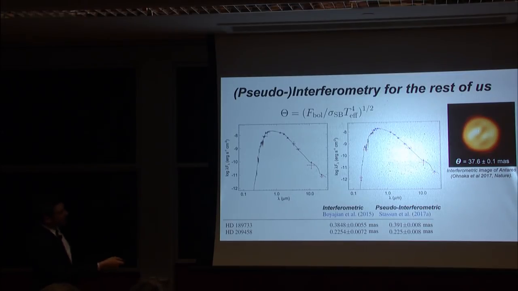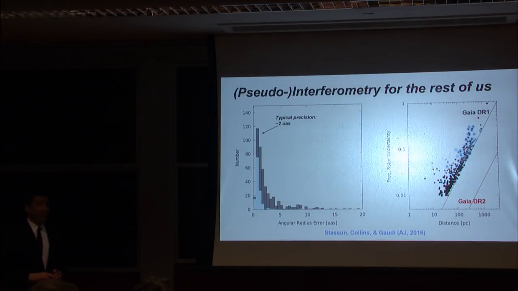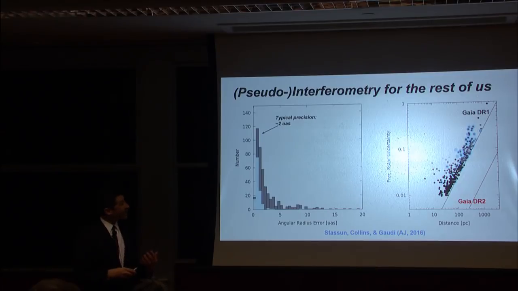And so in this paper, we compared for a couple of cases, these two cases, for which there are actual interferometric measurements, how our pseudo interferometric measurements compare to the actual interferometric measurements. And the agreement is at the micro-arcsecond level. So micro-arcsecond pseudo interferometry, for those of us who are not interferometry ninjas, can work.